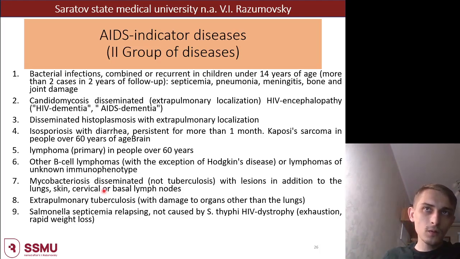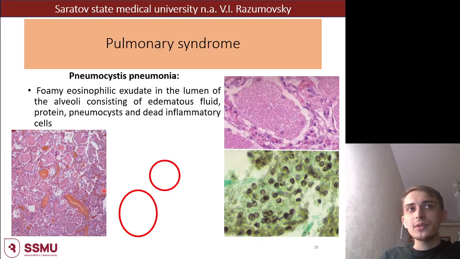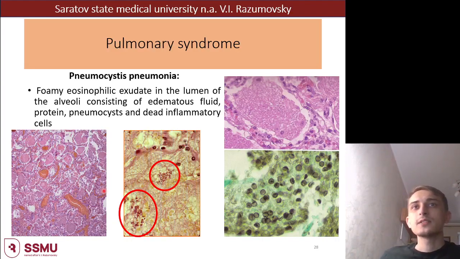And all of these indicators lead to, or are based on, three of the most important syndromes of HIV infection or AIDS syndrome. We may see pulmonary syndrome, neurological syndrome, and intestinal syndrome. Pulmonary syndrome of AIDS is associated with atypical diseases of the lungs.